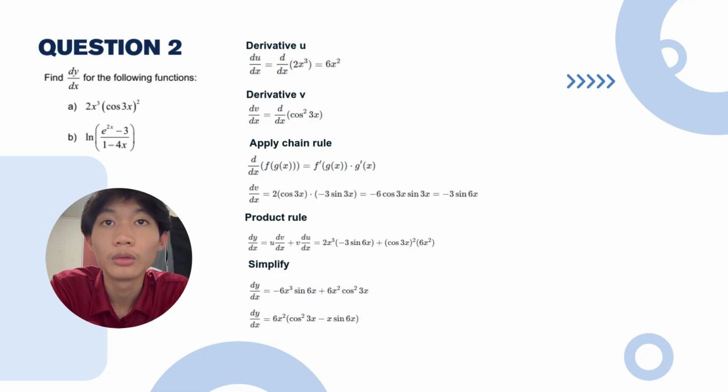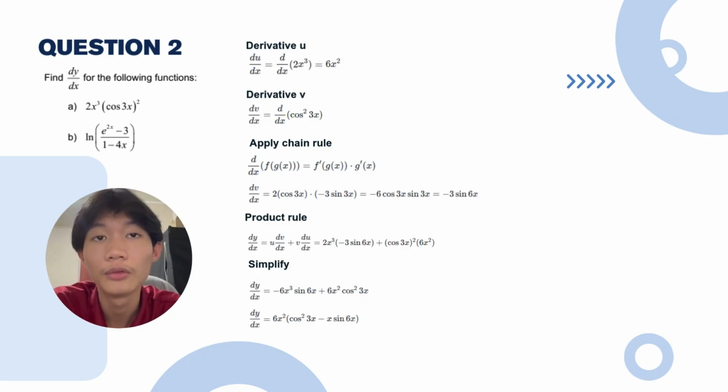So next we need to use the product rule. The formula is dy over dx equals u dv over dx plus v du over dx. The answer we will get is 2x cubed times negative 3 sin 6x plus cos squared 3x times 6x squared.